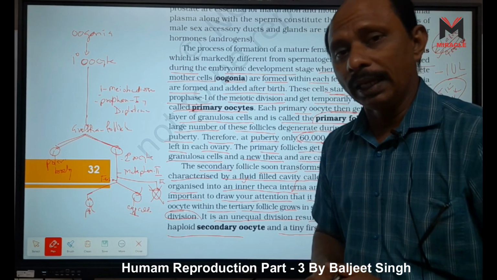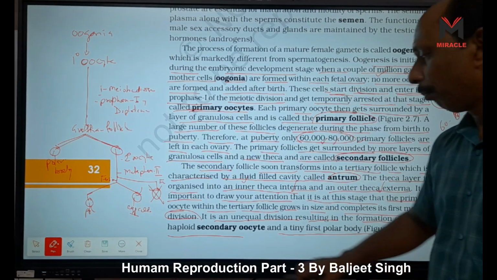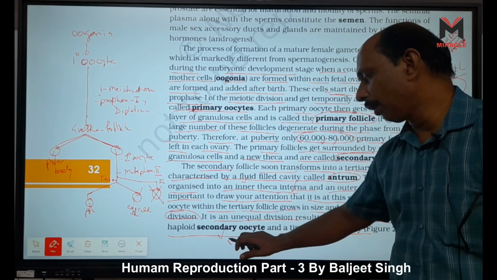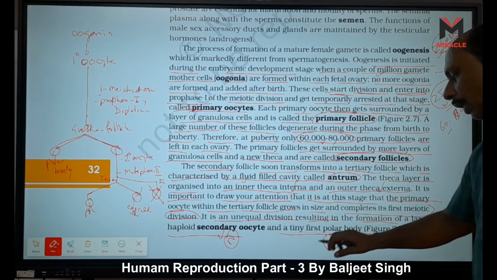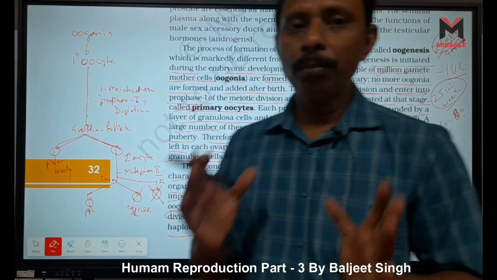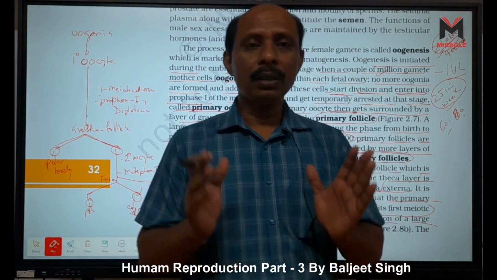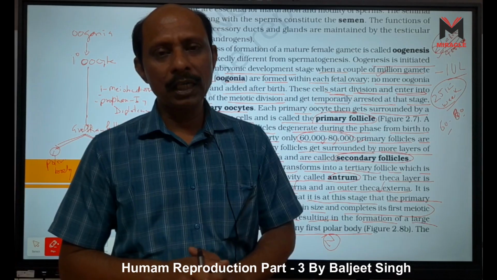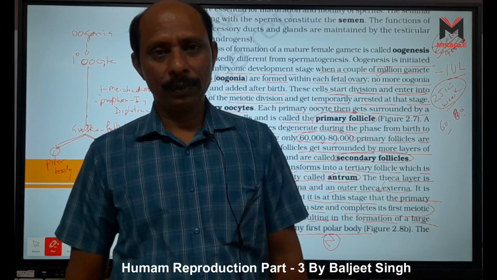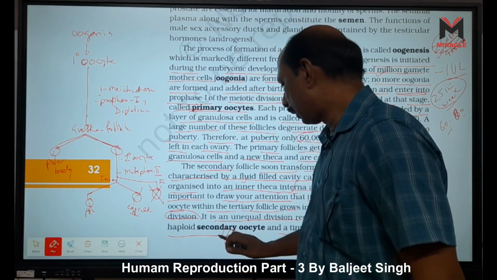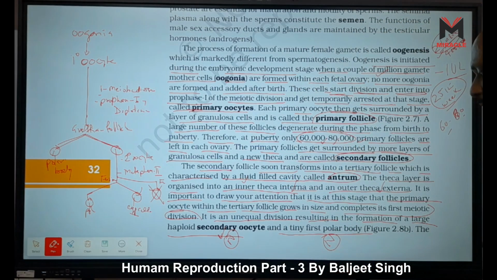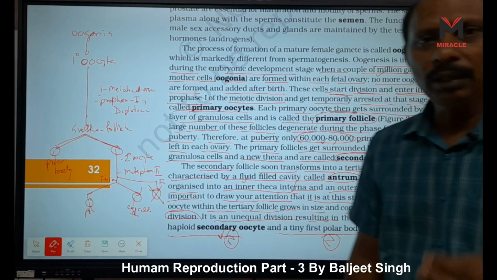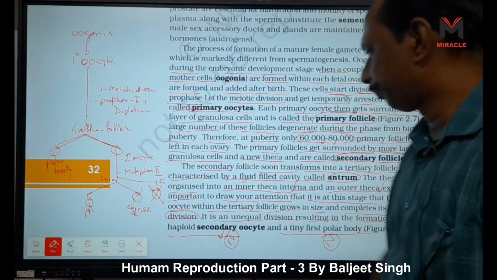But one thing is equal: the secondary oocyte contains n, the haploid number of chromosomes, and the first polar body also contains the haploid number of chromosomes. The number of chromosomes is equal, but the quantity of cytoplasm is totally different. The secondary oocyte has enormous cytoplasm, and the polar body has very little cytoplasm.